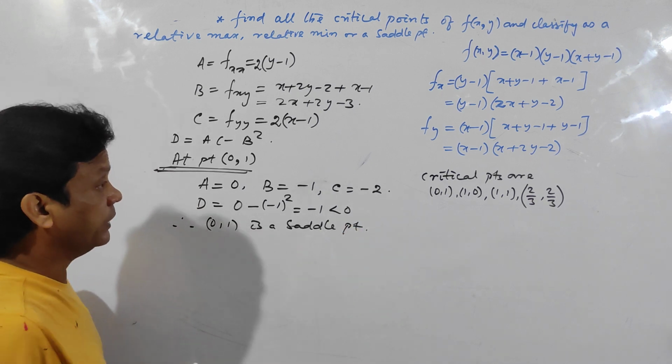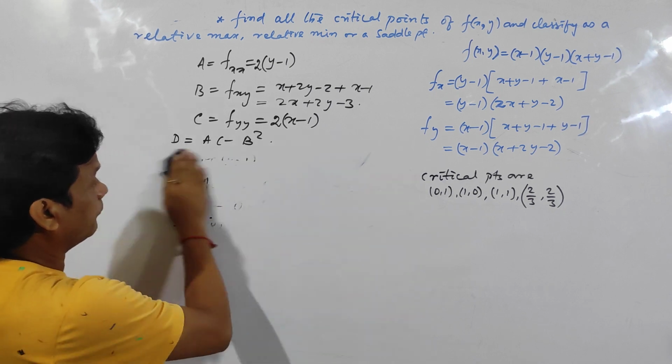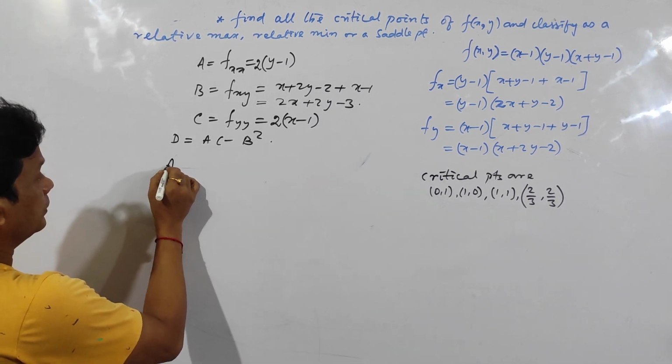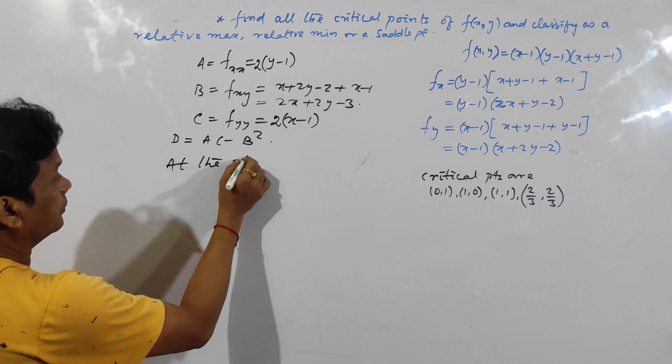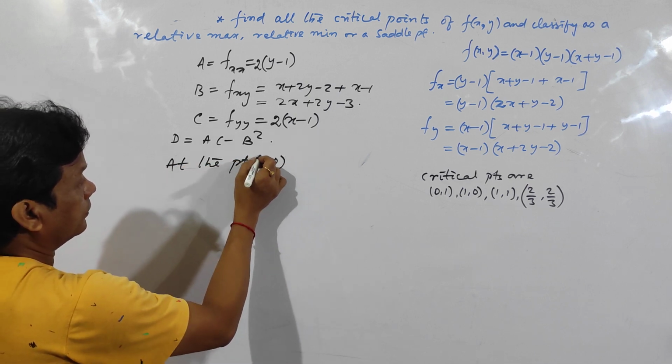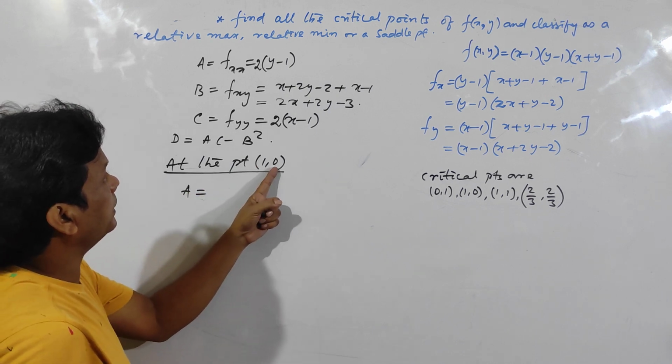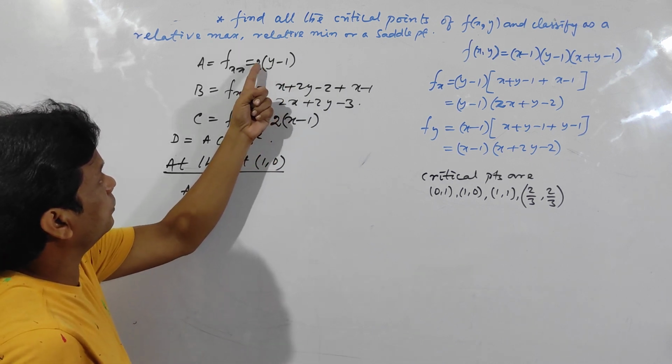Then you have to write for (1, 0). So at the point (1, 0), what is A here? Put x equal to 1, y equal to 0. Y equal to 0 means minus 2.